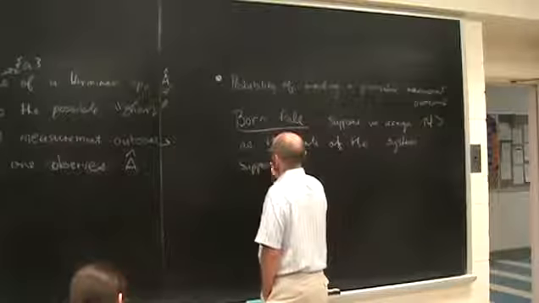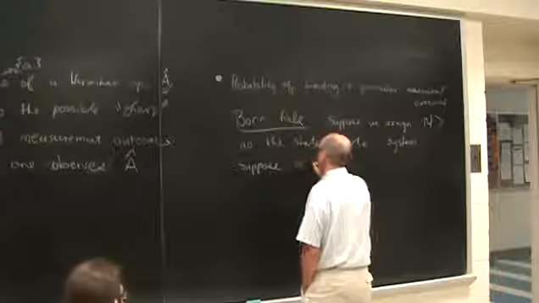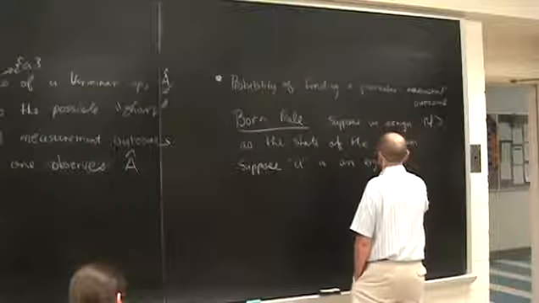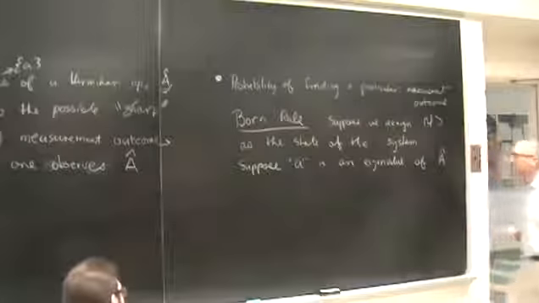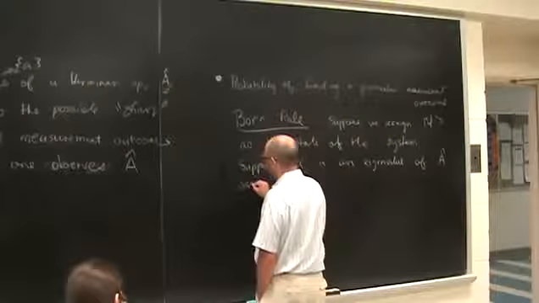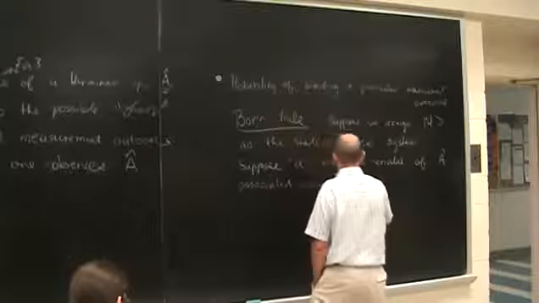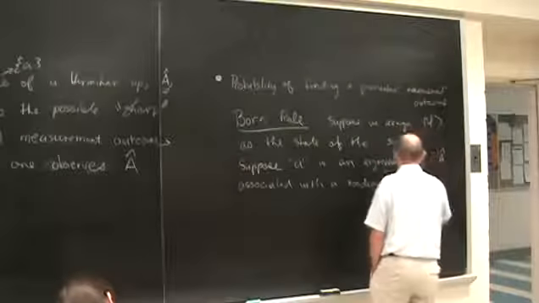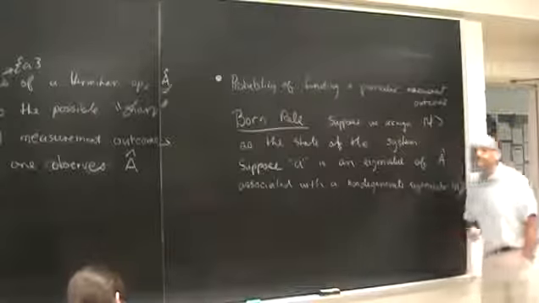Suppose A is an eigenvalue of the Hermitian operator, capital A, associated with a non-degenerate eigenvector, a ket.